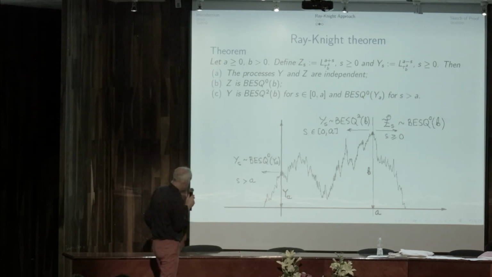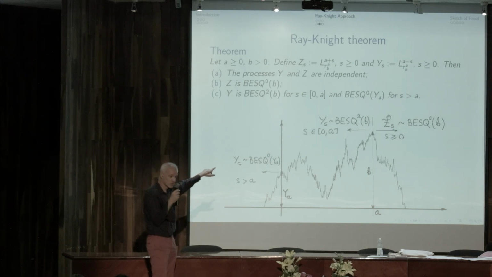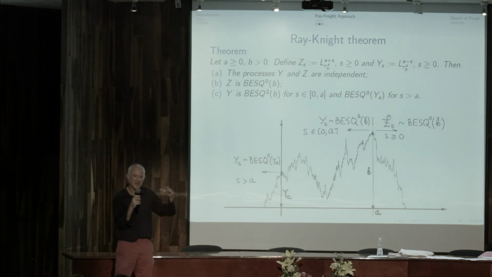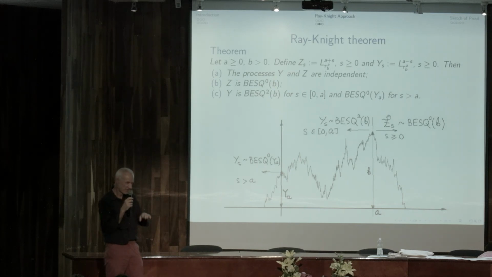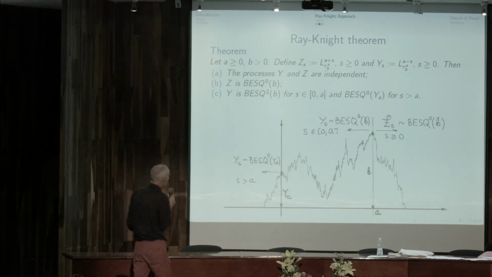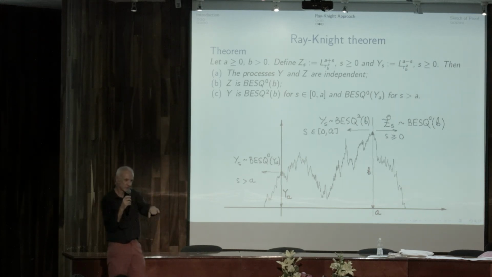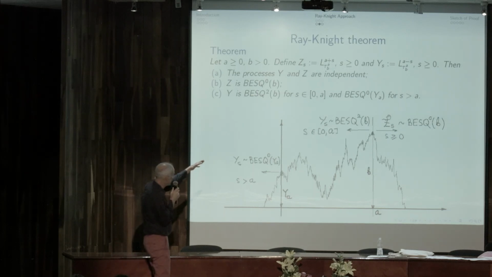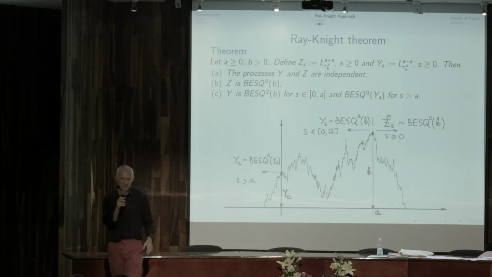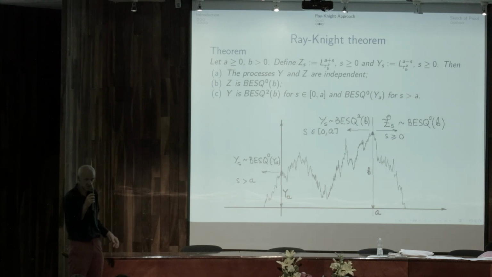So what this says is if you start off at the origin and you look at the first time you hit A, the local time as you work your way back from A to 0, where space is also time as an index of the local time process, that's a Bessel squared 2 process. It starts off at 0, but apart from that, it won't hit 0. And then it hits 0, and beyond that, it evolves as a Bessel squared 0 process.